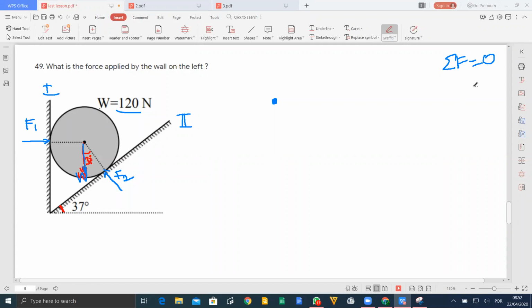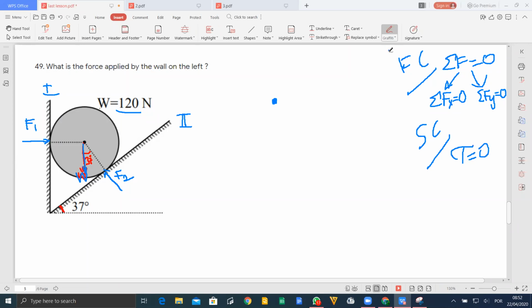If this system is in equilibrium, it means that total Fx is equal to 0 and total Fy is equal to 0. This is the first condition. The second condition is related to total torque being equal to 0. But this question is related to the first condition of equilibrium.